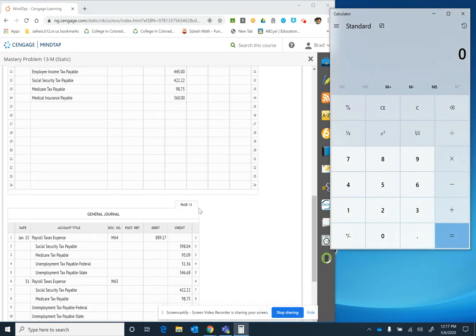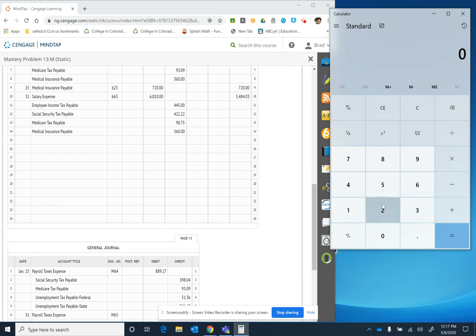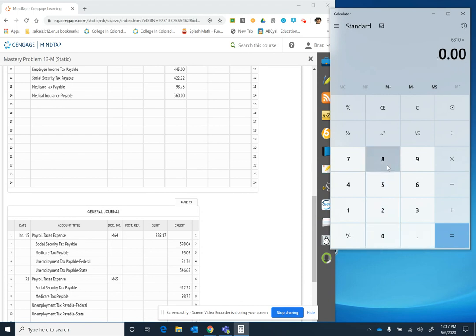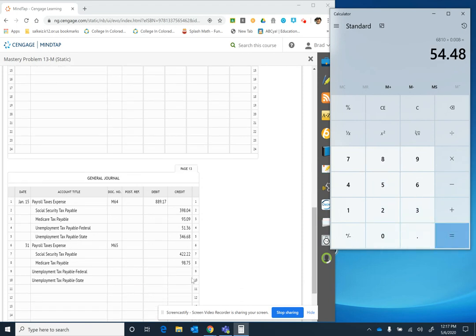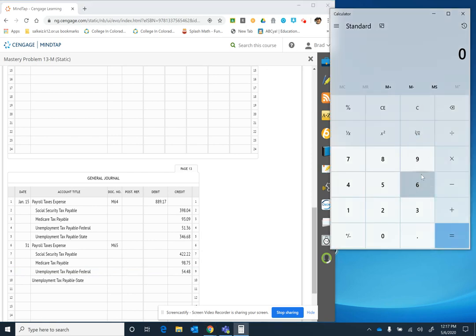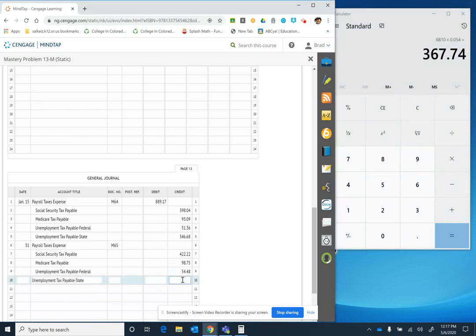So we'll take our salary expense, $6,810 times our rate for federal, which is 0.008, and that gives us $54.48. Then we're going to find it for our state. We'll take our gross, 6,810 times our state rate, which is 0.054, and that comes out to be $367.74.